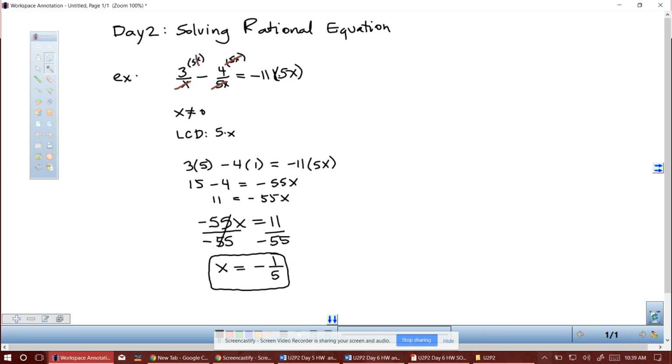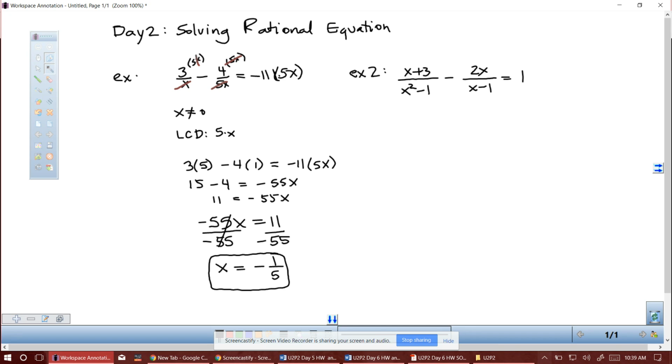All right. Then next, I'm going to go ahead and work on my second problem. So in example 2, we have x plus 3 divided by x squared minus 1 minus 2x times x minus 1, and we equal 1.